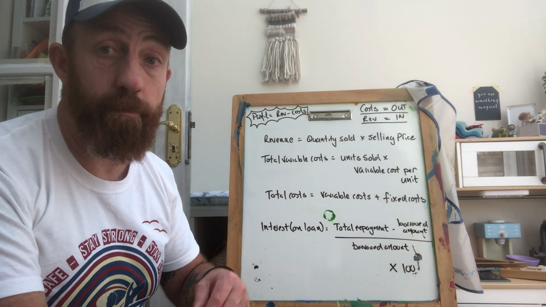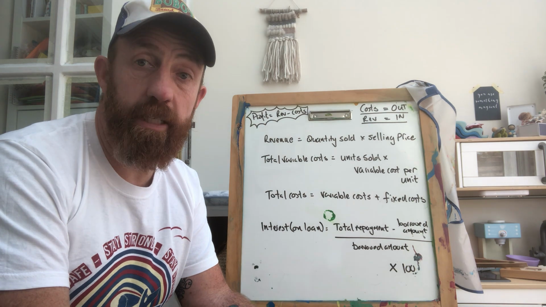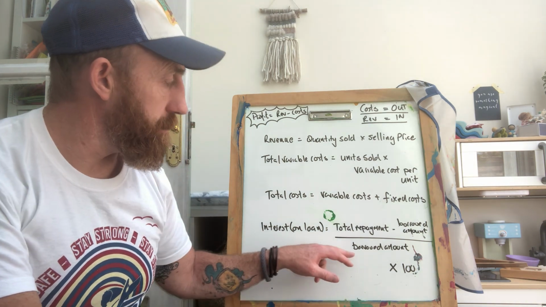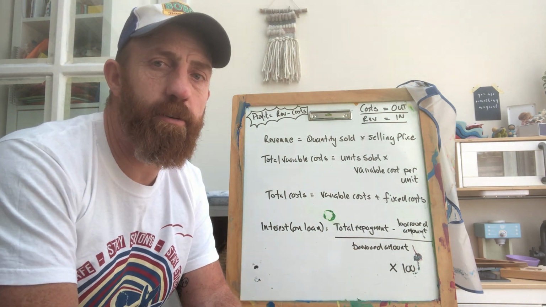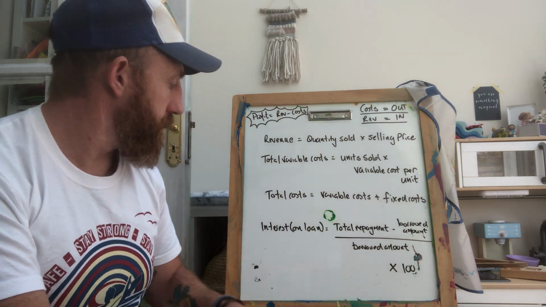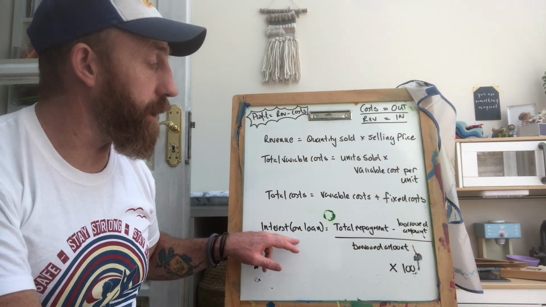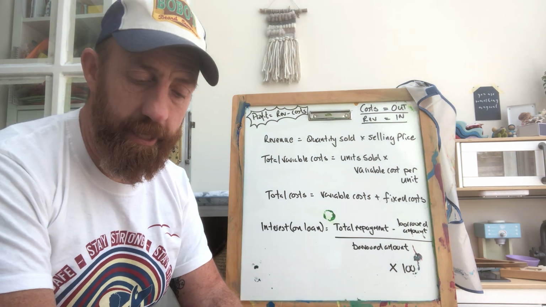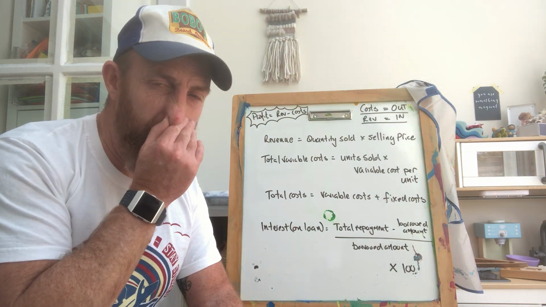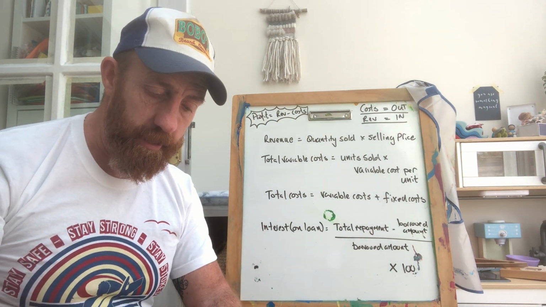Minus the initial amount I borrowed, which is 7.5 in my case, over 7.5, and you'd work out how much interest you're paying on that loan. Times by 100, it comes out as a percentage. But just be aware of that. It's one of those sneaky little things the examiner could ask.